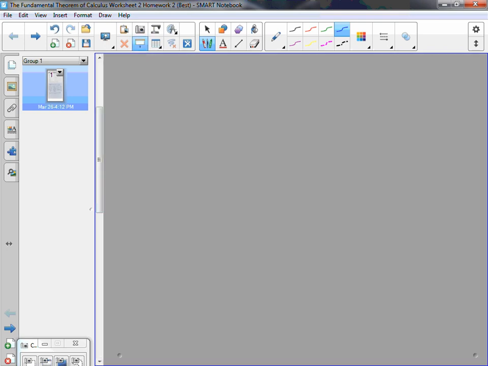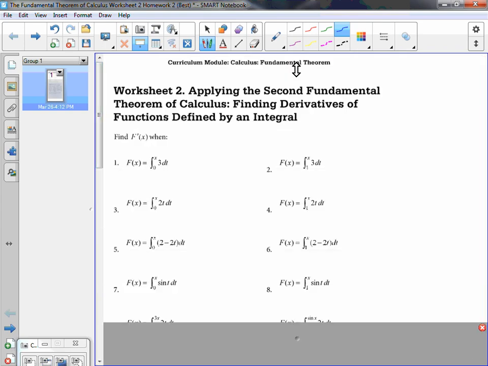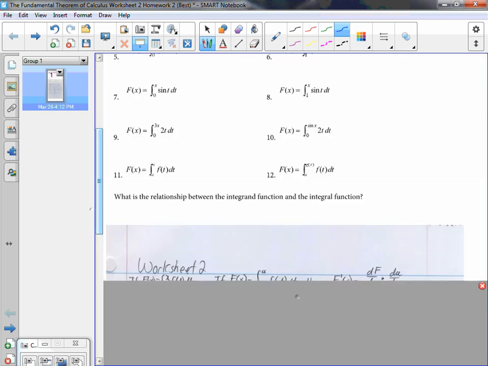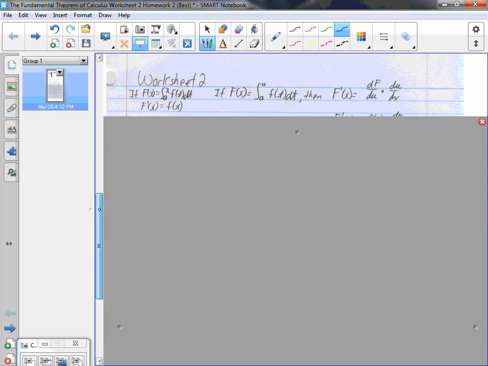Well, let me put a screen up here. The simplest version of the second fundamental theorem of calculus is showing right there. If capital F of x equals the integral from a to x of f of t dt, the derivative of capital F, the derivative of the integral, equals the little f just in terms of x instead of t.